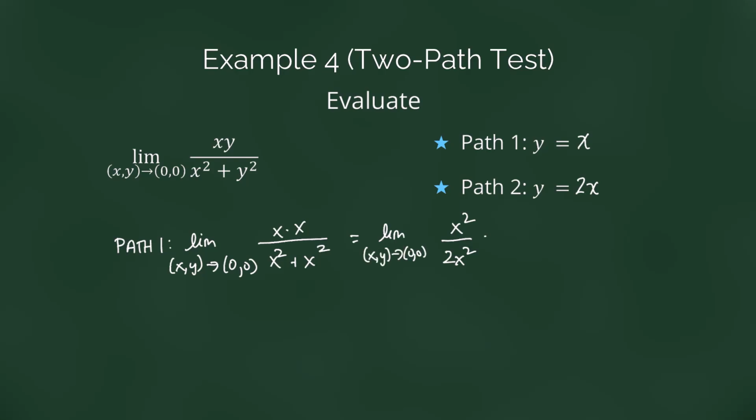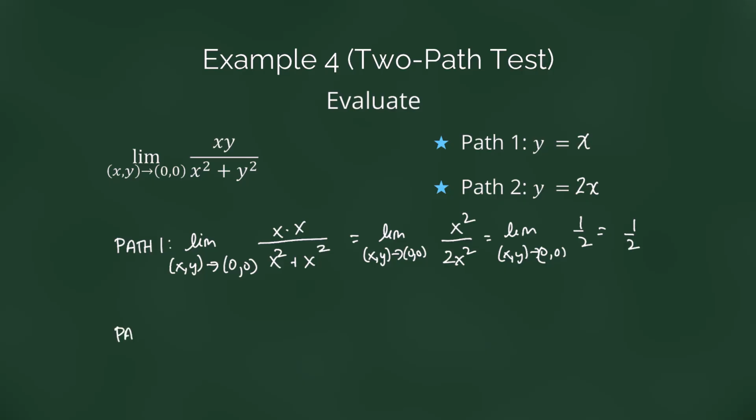Simplifying that algebraically before we take the limit, we get the limit as xy approaches 0, 0 of 1/2, because the x squared cancels. As long as we're not dividing by 0, we can cancel those out. And so that limit is just 1/2.